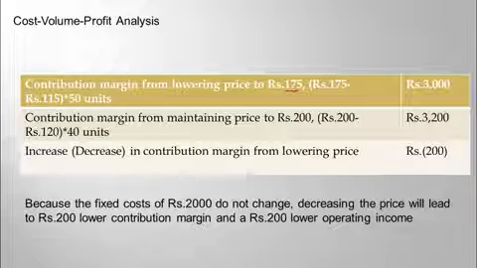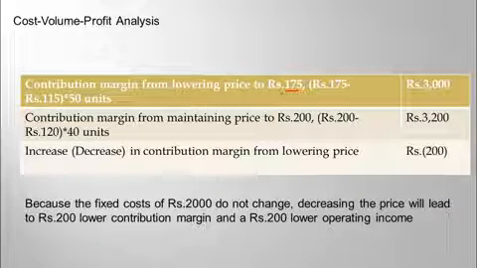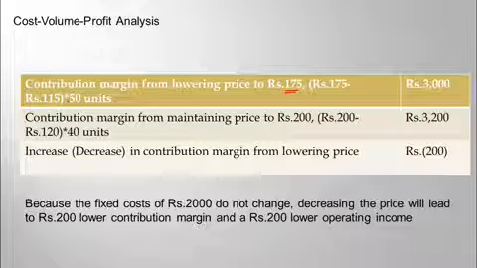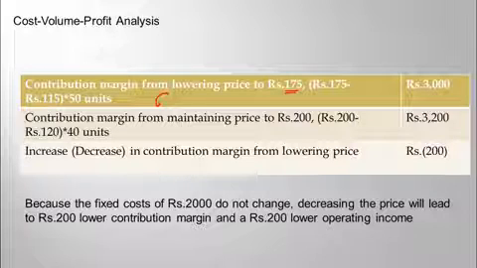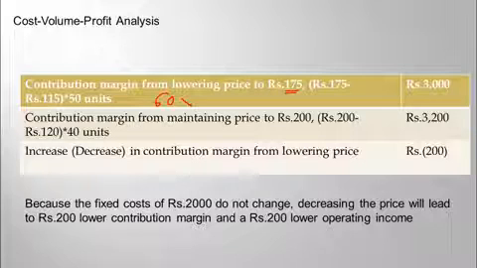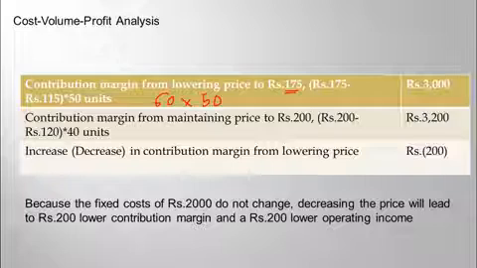Here you can see in the same example, the selling price has been reduced to 175. So therefore, you can calculate the contribution: 175 minus the variable cost of 115, the difference is 60. So the contribution will be 60 rupees. So 60 multiplied by the 50 units the company is selling, total contribution would be rupees 3000.